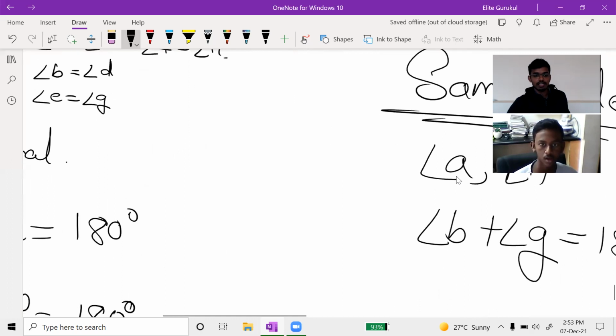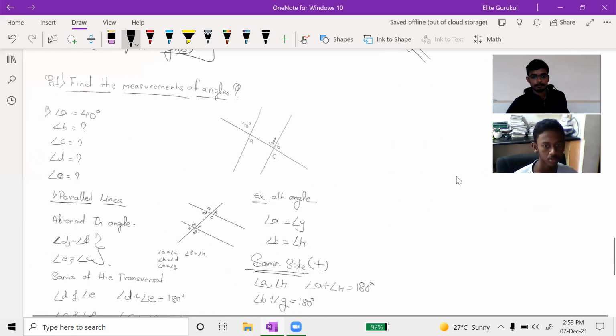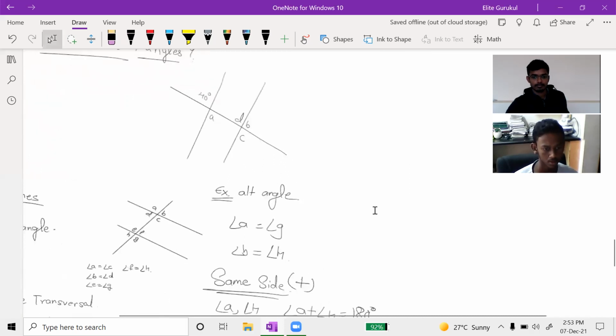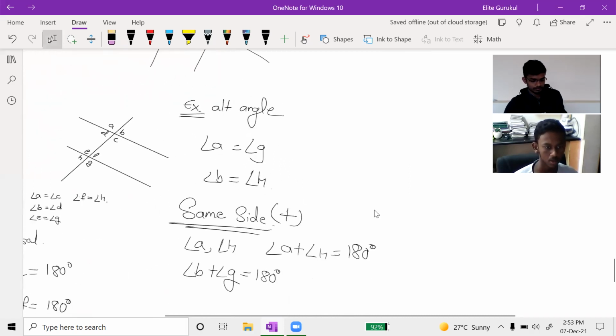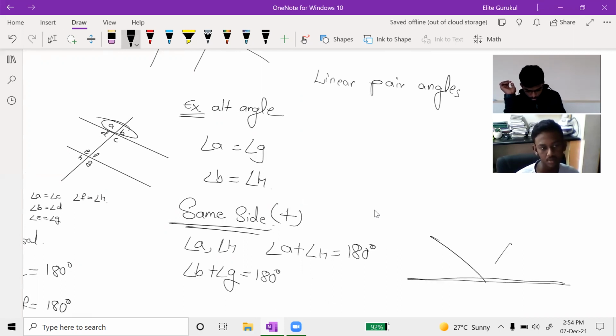Now tell me the last one. One property is still remaining. Which is that? Linear pair angles. Linear means one straight line. On a straight line, the sum of all angles will be 180 degrees.